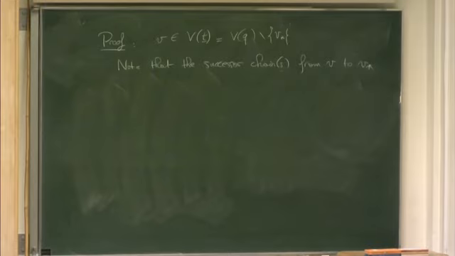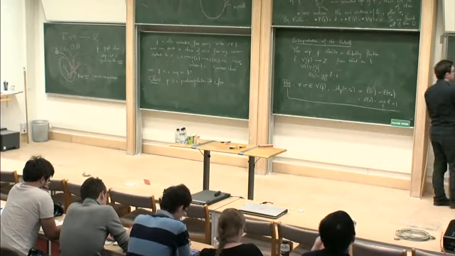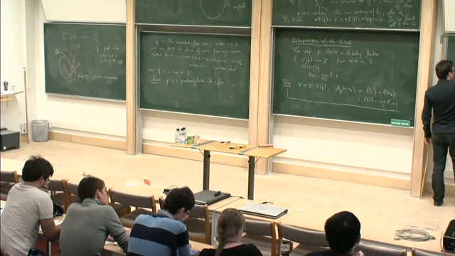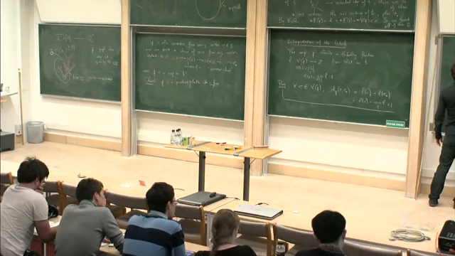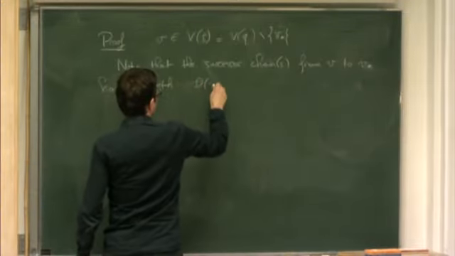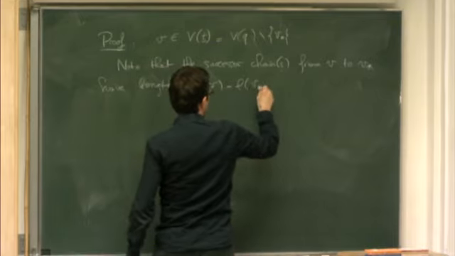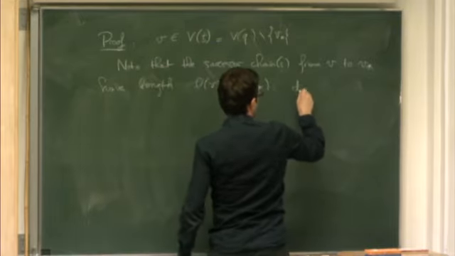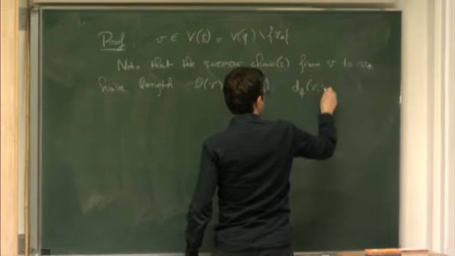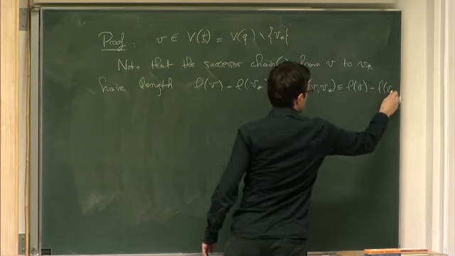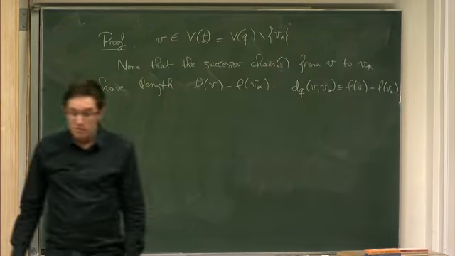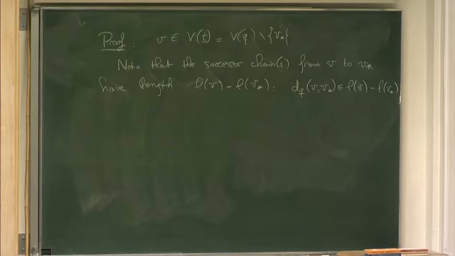So starting from the label of v, I have to make as many steps as l of v minus l of v star to reach v star. So the successor chain from v to v star has length l of v minus l of v star, and that means that d_Q of v to v star must be less than that. The minimal path must be shorter than the path that I've just produced.